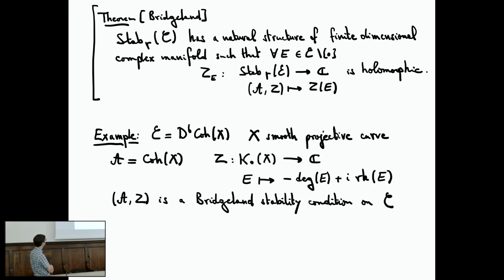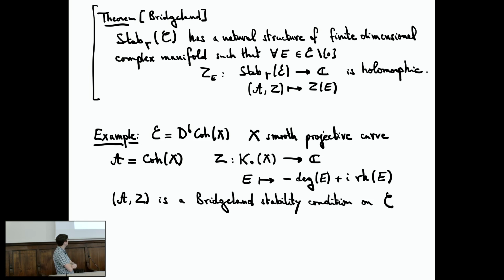So we take A equals the category of coherent sheaves. And you can take Z, the map from the Grothendieck group of X to C, which assigns to every coherent sheaf E minus its degree plus i times its rank. And you can check that this satisfies the required properties. So why is it always in the upper half plane?